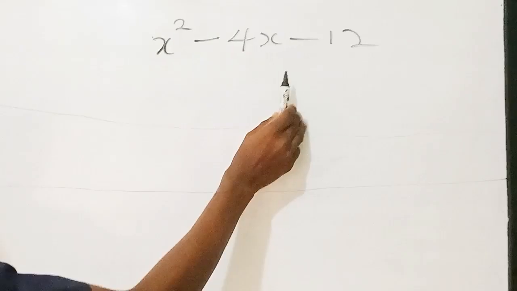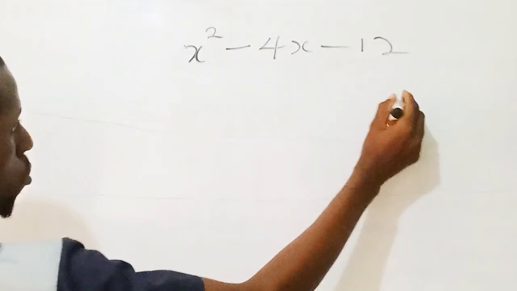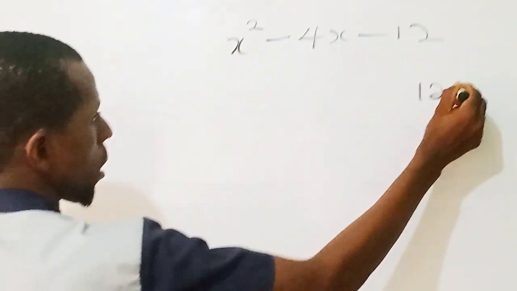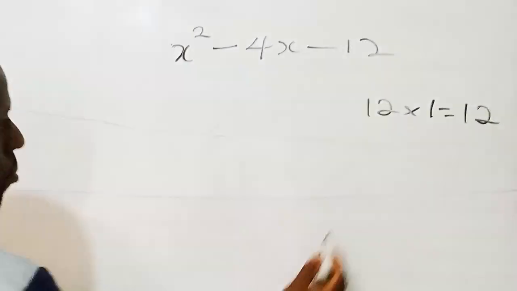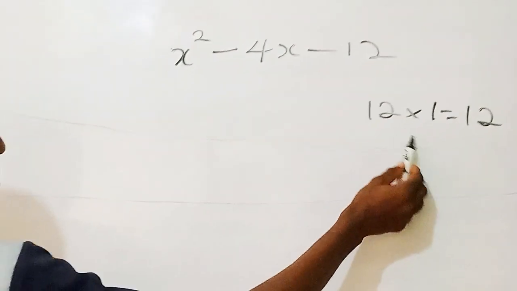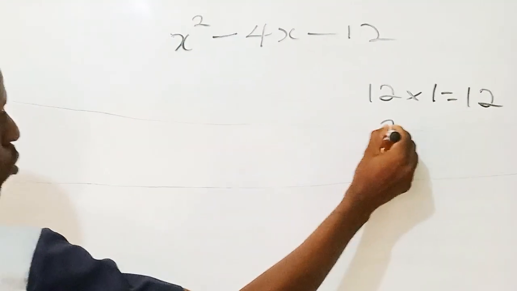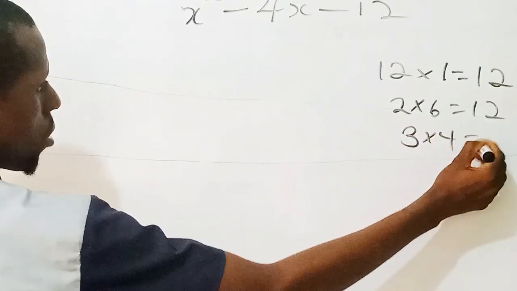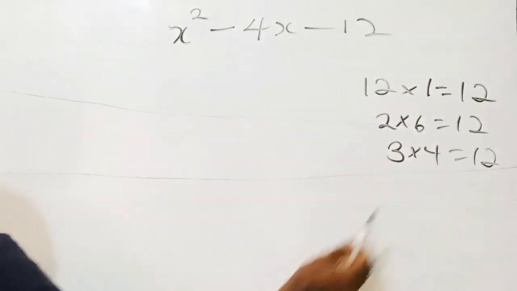To factorize this, the constant here is 12 and the coefficient of x squared is 1, so we have 12 times 1, which is 12. Other factors that I can multiply to give me 12: 2 times 6 is 12, 3 times 4 is 12, and 1 times 12 itself.